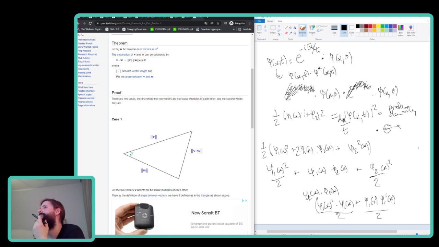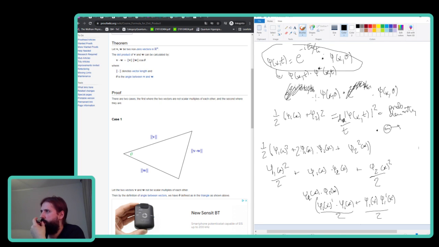You would say that is my... but it makes no sense, right? Because the angle between the same function is just 0.